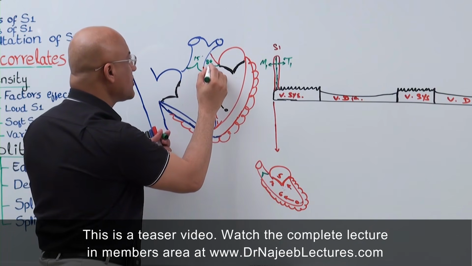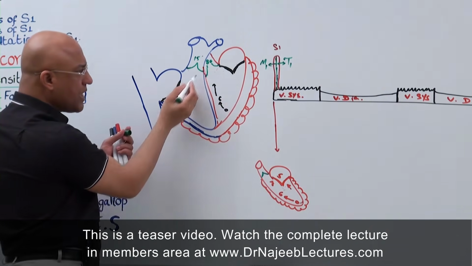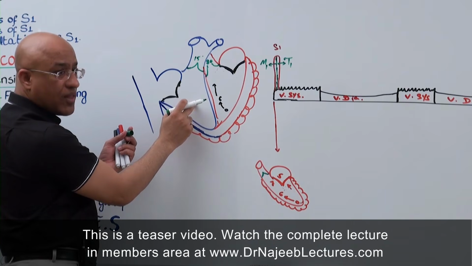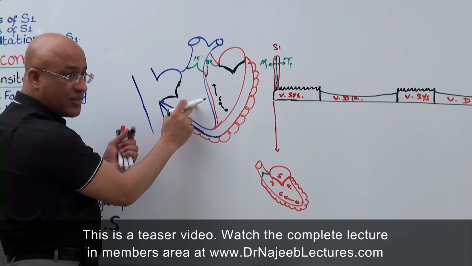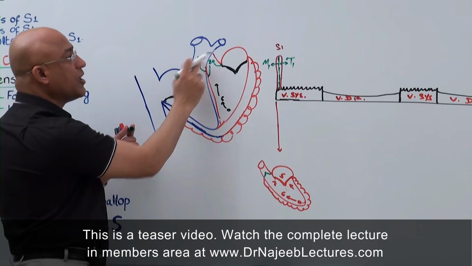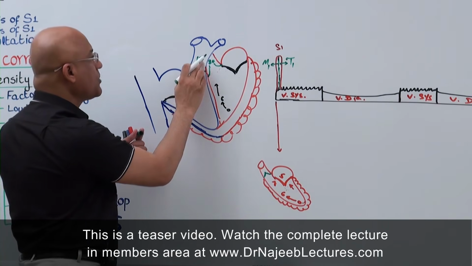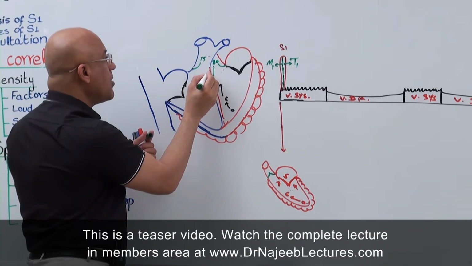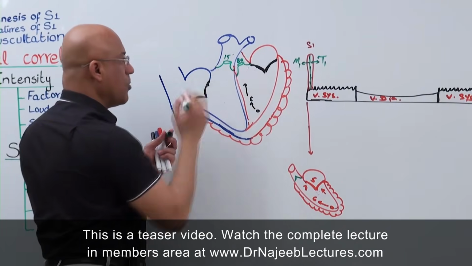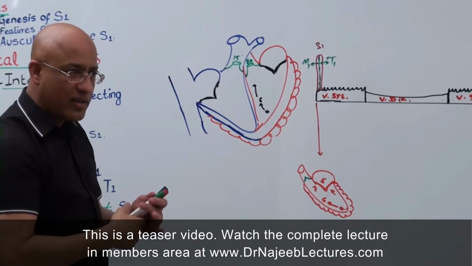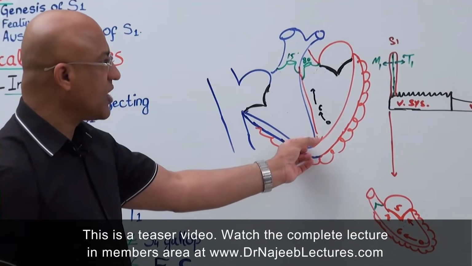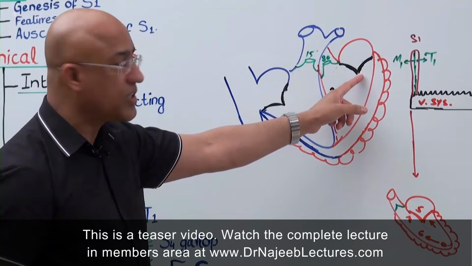And almost at the same time, when the pressure in the right ventricle becomes more than the pressure in the root of the pulmonary artery, which valve will open? The pulmonary valve will open.